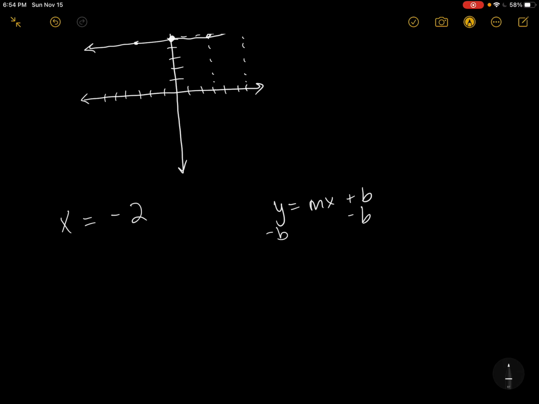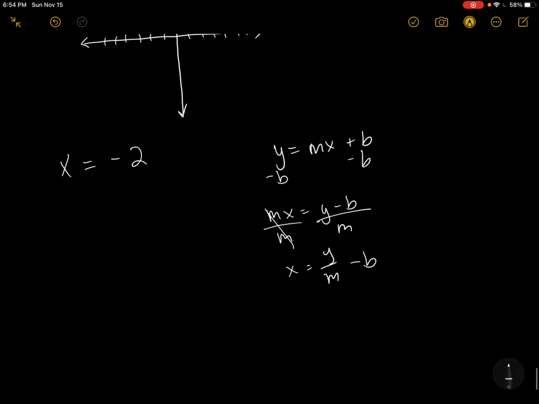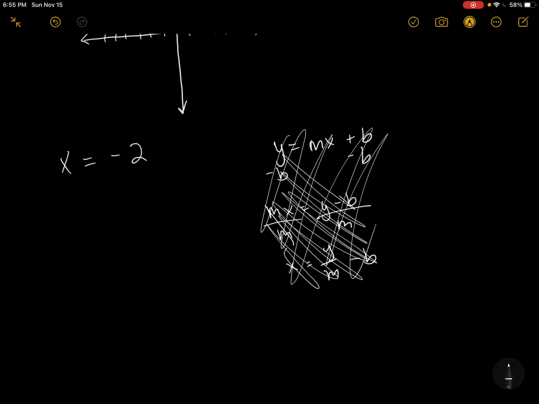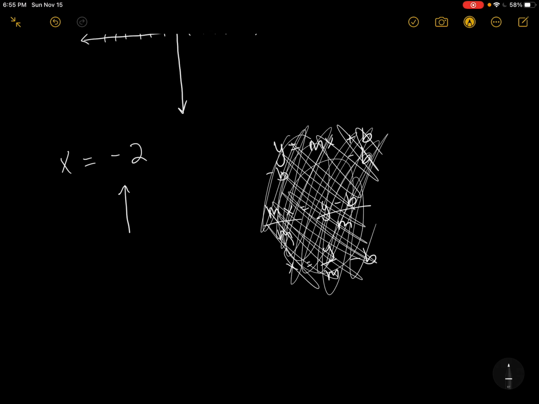Sorry, I'm trying to find a way to explain this in a way that's not confusing. I think that's going to confuse you. I'm just going to wipe it out. I made it too confusing. Ignore it. I'm very sorry. Let's just graph it and we can see.